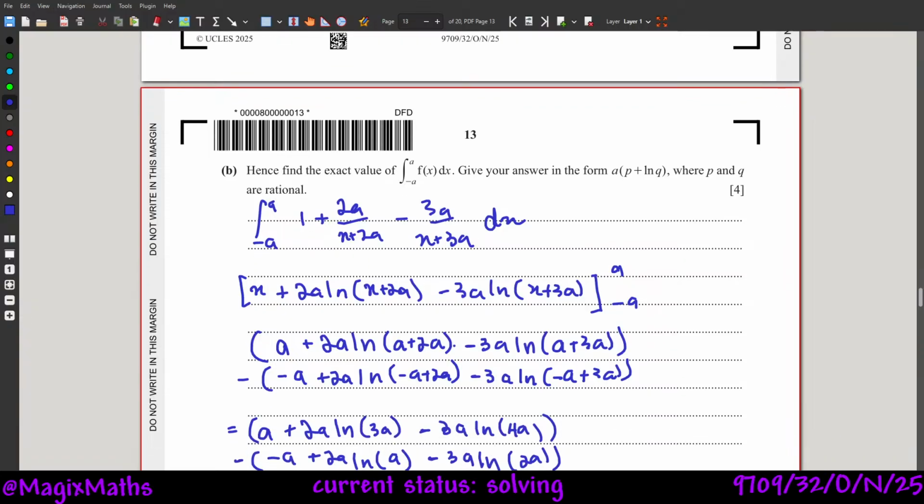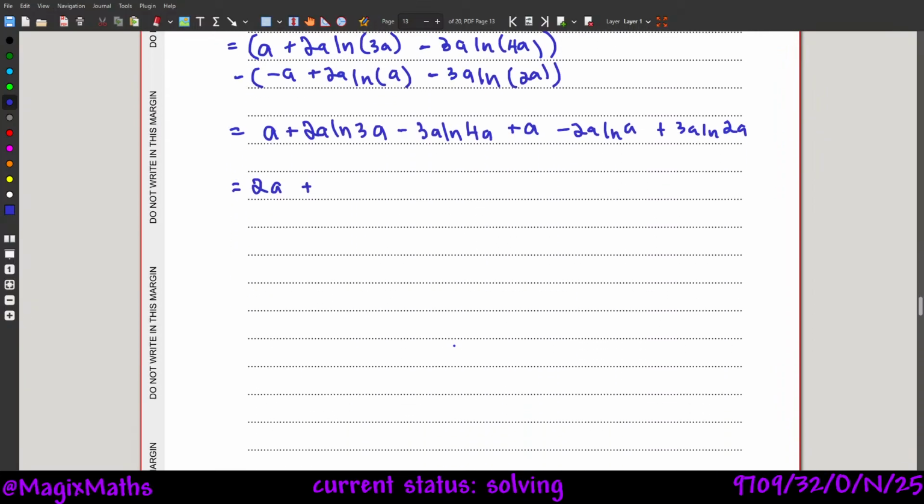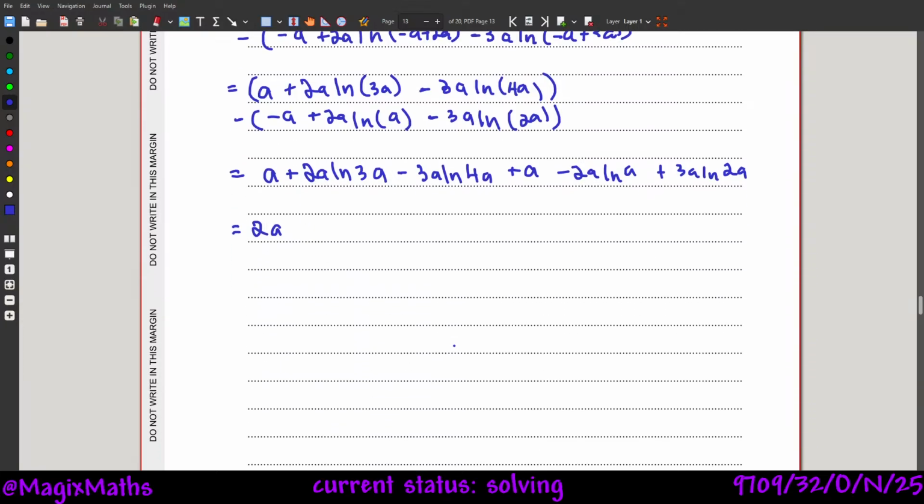It's the form of p plus q ln r. So it's just a times 1 plus 2 ln 3a minus 3 ln 4a plus 1 minus 2 ln a plus 3 ln 2a.